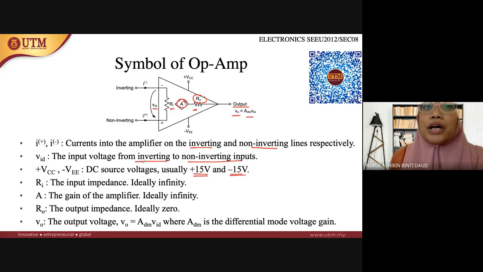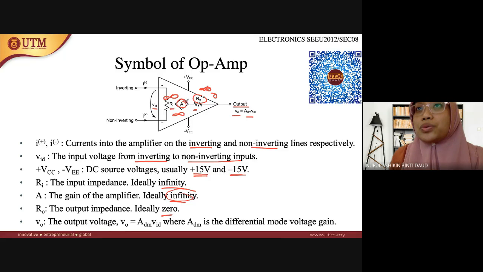Ri is the input impedance, ideally infinity, because the value is too large. And A is the gain of the amplifier, ideally infinity as well. What does infinity mean here? The output impedance is usually zero, because the input impedance is infinity and there is no current or voltage flow here.